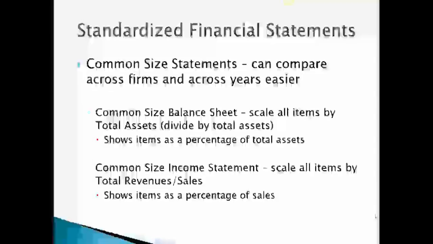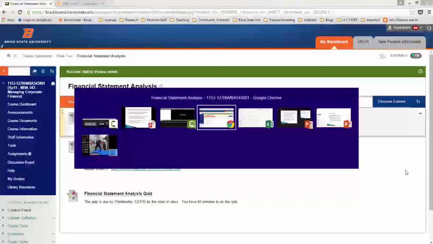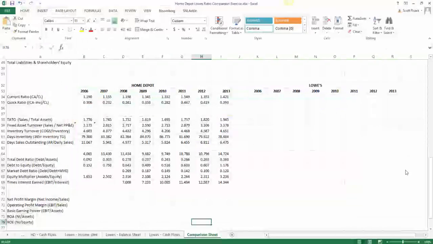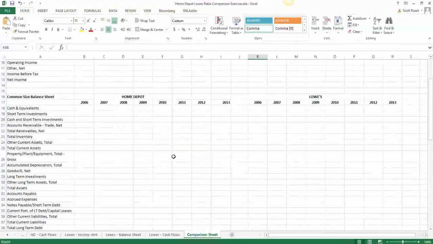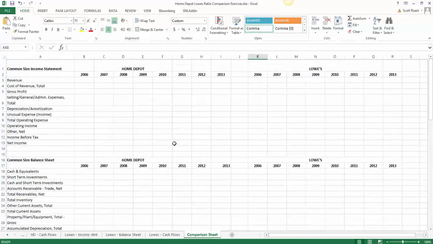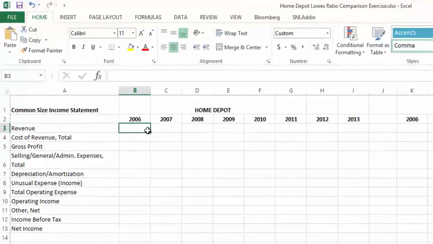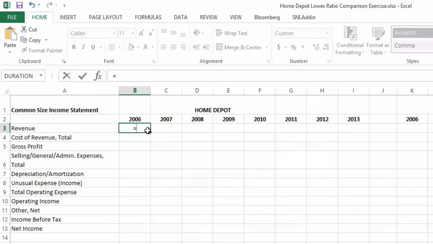So let's go again to the spreadsheet and take a look at an example of that. I've got that at the top part of the comparison sheet, some common size templates set up here. So let's do the income statement first. With the common size income statement, we're going to divide every line item by total revenues.